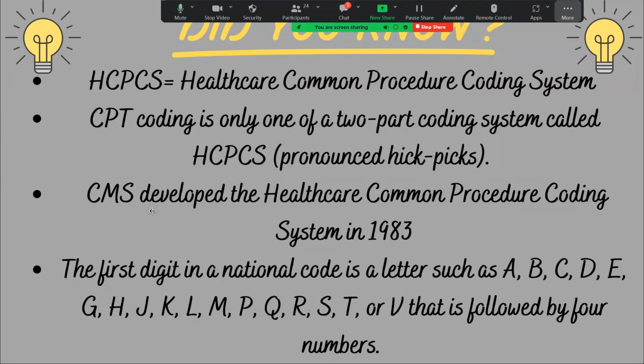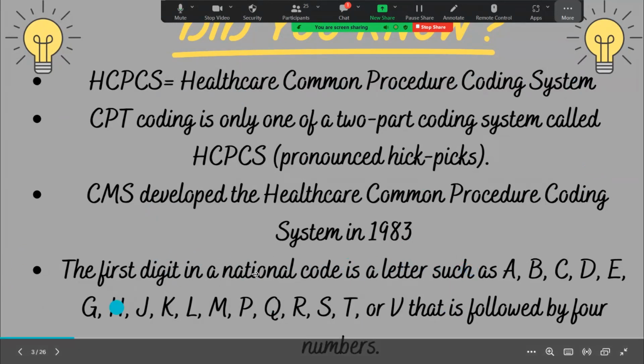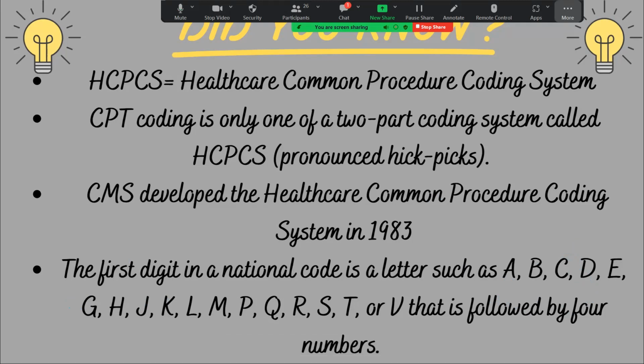CMS developed the Healthcare Common Procedure Coding System in 1983. The first digit in a national code is a letter such as A, B, C, D, E. I'm not going to say the alphabet, but these are the only letters found in your HCPCS. It's going to be a letter followed by 4 numbers.